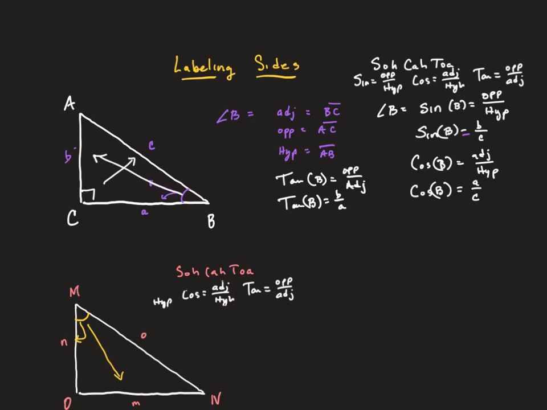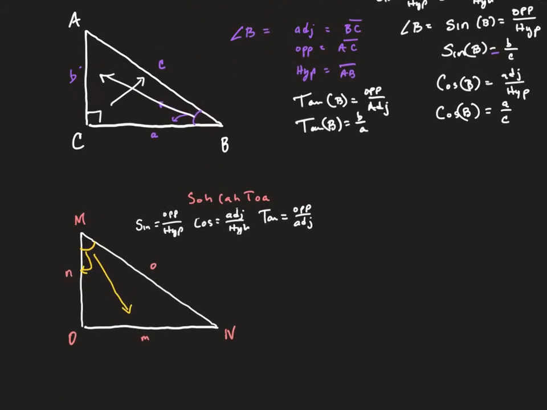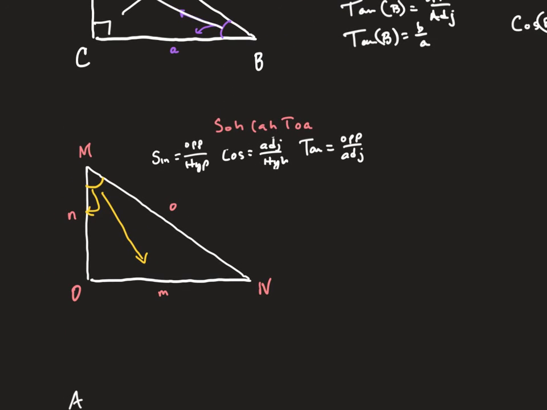So looking at that, I want to know what is the sine of angle N. Well, the opposite of N is going to be little n over here, and then the hypotenuse is going to be o, right? That's my hypotenuse here. I'm just going to label that one so we know.